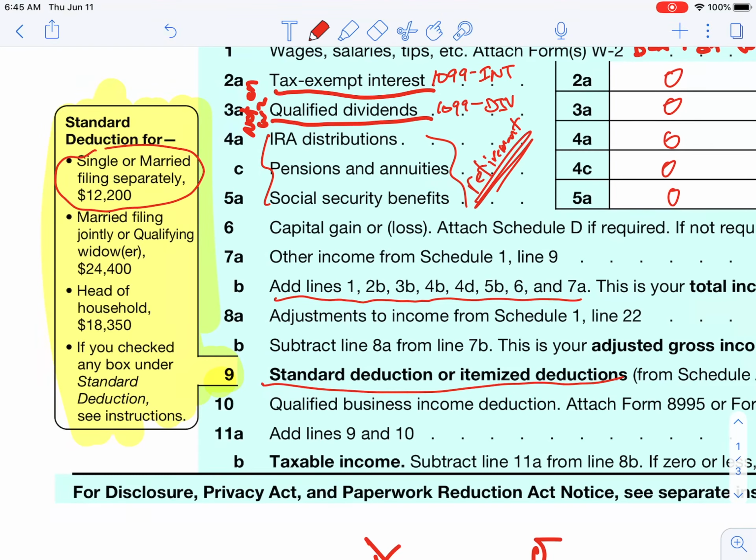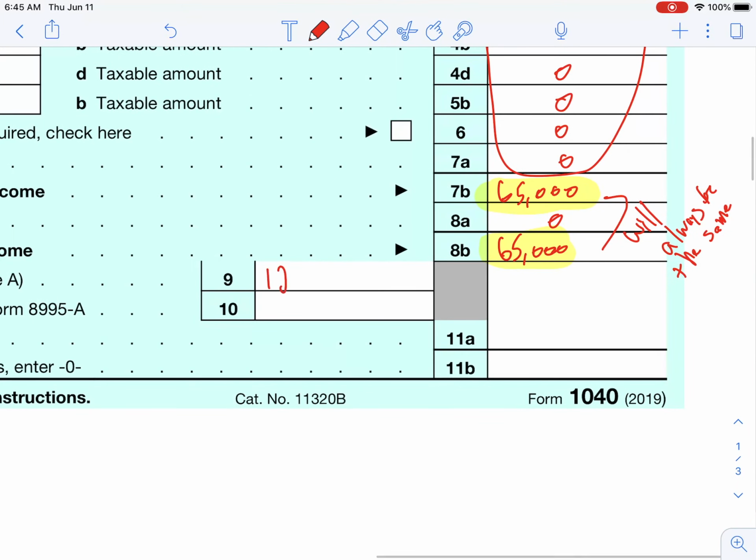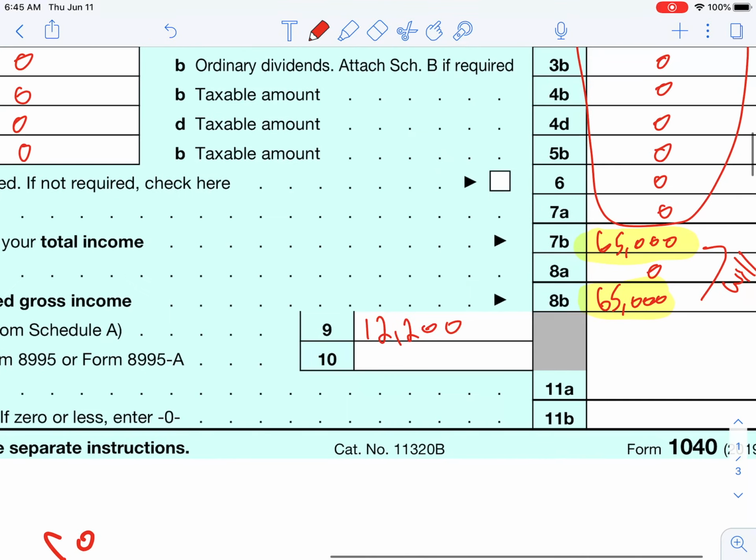All right, if you're single or married but filing separately, your standard deduction is $12,200. And that's what we're going to use for all of ours. So, boom, $12,200. They're going to allow us to lower our income by $12,200.